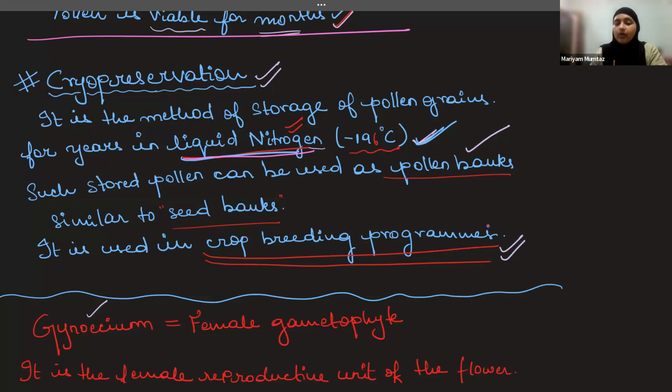And this technique, wherein pollen preservation has been done, is used in crop breeding programs. What happens in crop breeding? If there are any desired characteristics that we want in a crop, we use that particular pollen. Normally the plant will not actually reproduce that way, but when we add certain pollen such as that, then a different cross is made.